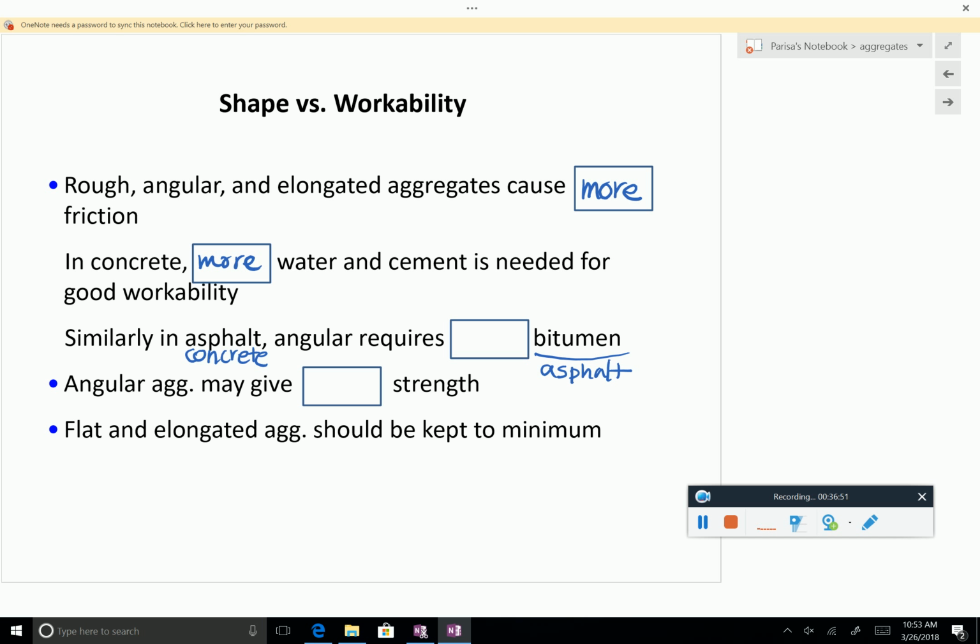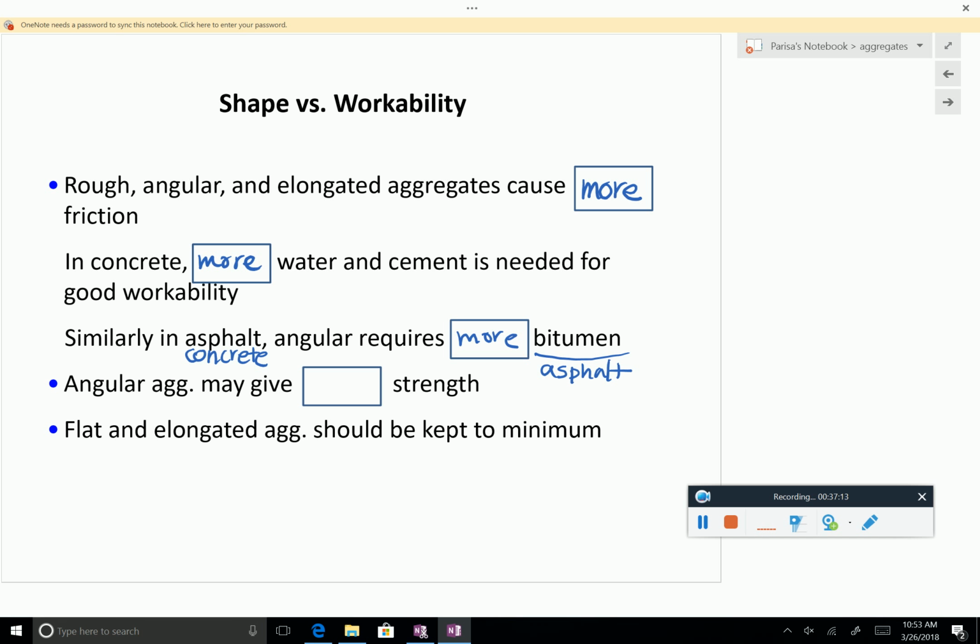Idea? How many say less? How many more? Okay, it is more, but why? Does anyone want to argue that? There's more surface area. Exactly.